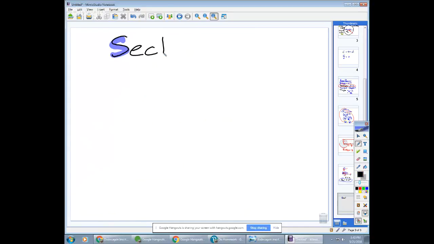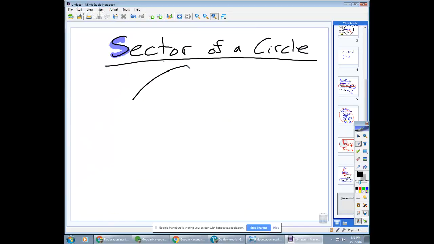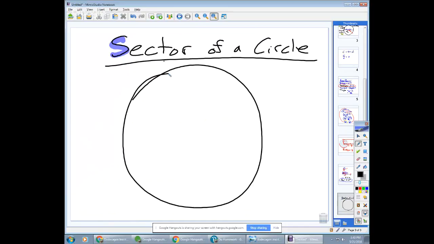I mentioned the idea of a sector of a circle. So a sector of a circle is any time you take two radii and you use those radii to mark off part of the circle.